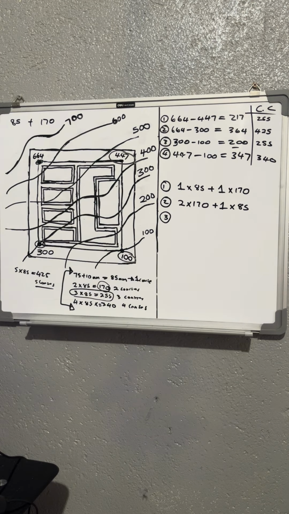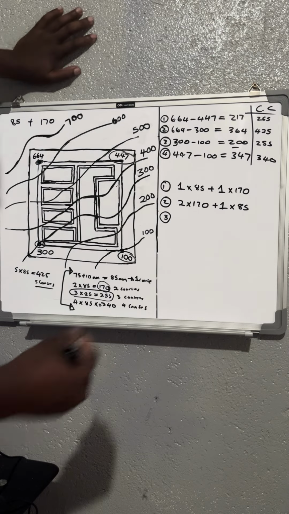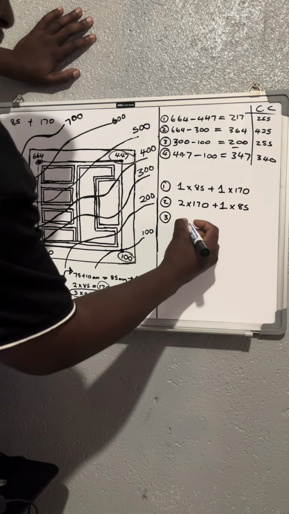Then we go to number 3. The fastest way to get to 255. Oh, I think we've already done this one.